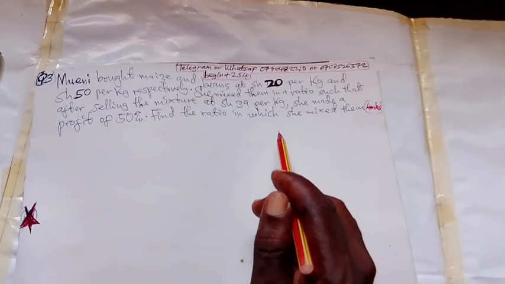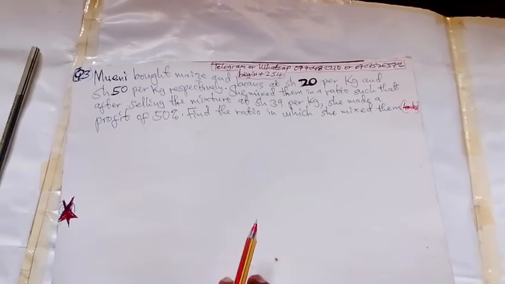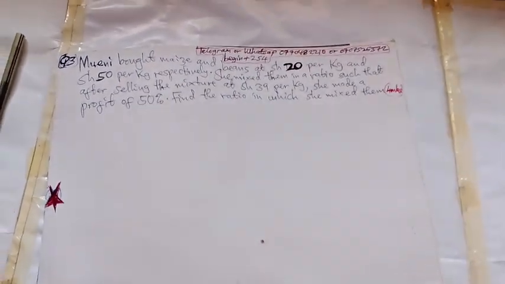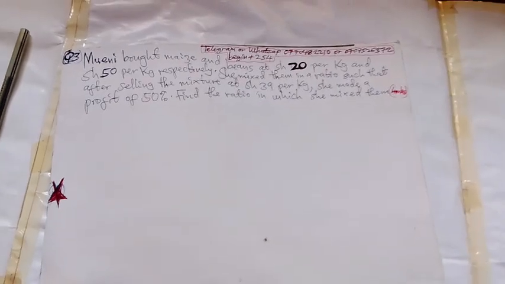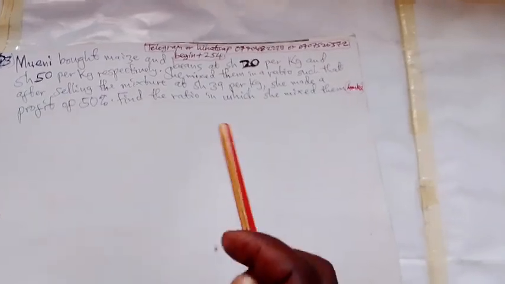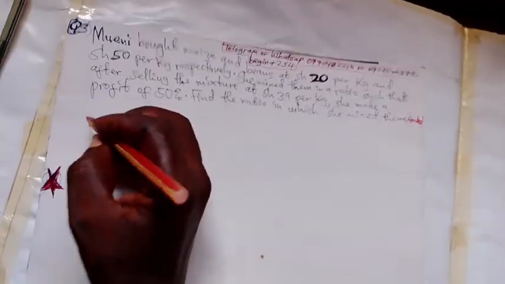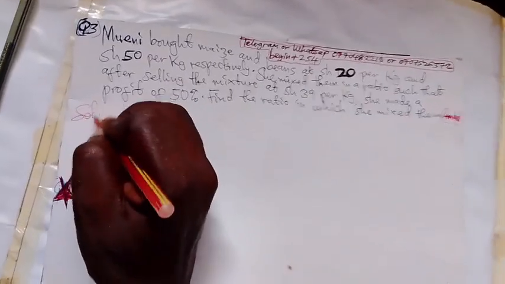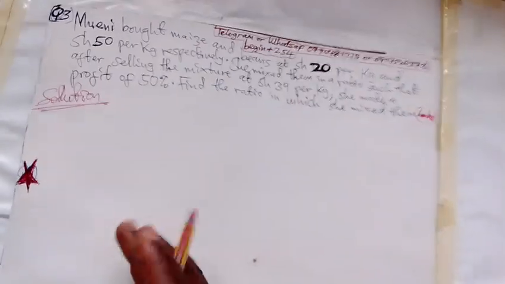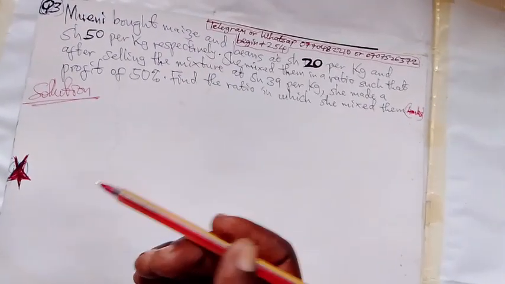She mixed them in a ratio such that after selling the mixture at 39 shillings per kilogram, she made a profit of 50%. Find the ratio in which she mixed them. 4 marks. So we are looking for ratio. So for this question, you say solution. Note that question number 2 and question number 3 are the same.